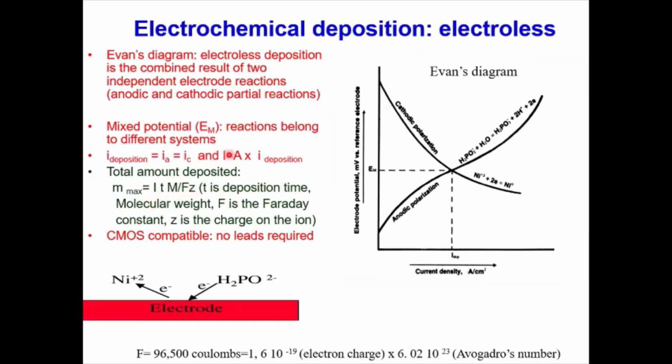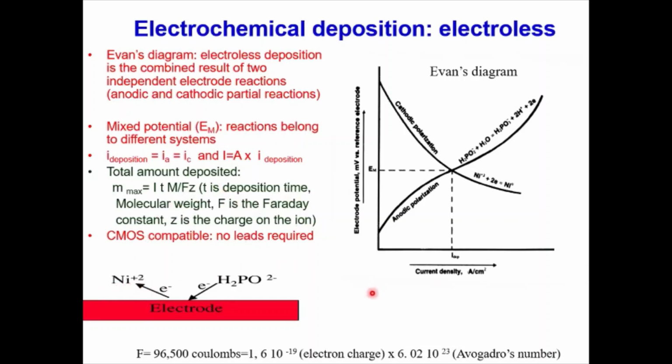I is the current of deposition, which depends on the area of the electrode where you get the deposits, t is the deposition time, M is the molecular weight of the material which you are depositing, right? F is the Faraday constant, Z is the charge of the ion, right? In this case, nickel 2+.